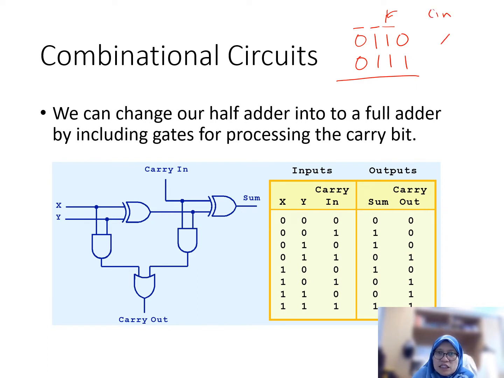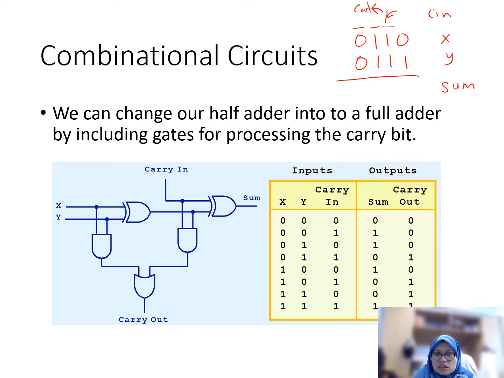One is x and y. For the output, it will be a sum and a carry out. So the inputs are x, y, and carry in, and the outputs are sum and carry out. The combinations are the same, 0, 0, 0 until 1, 1, 1. Then for the output, we have a sum and carry out.